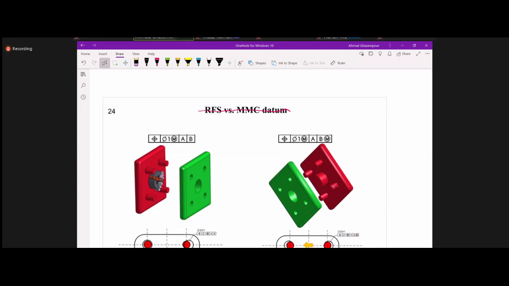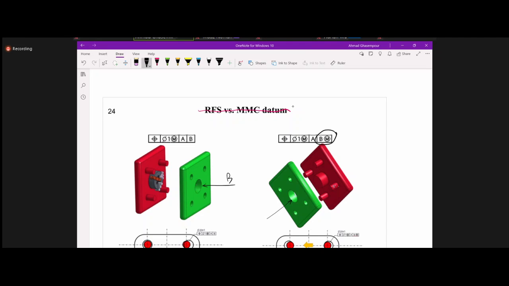So material condition, when applied to a datum, which is what I'm talking about here. Look at this example: this central hole is a datum.